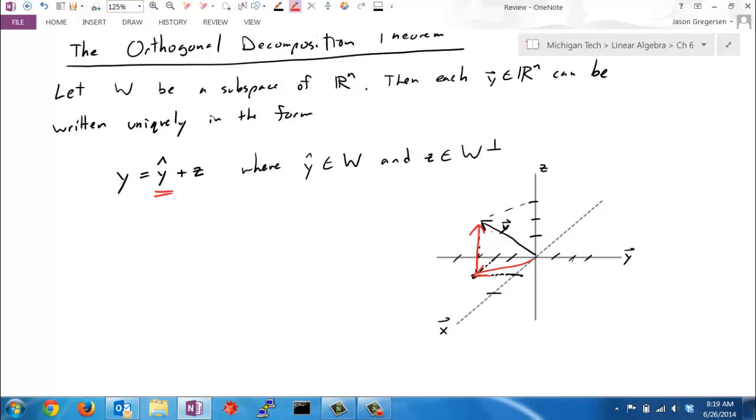It's in the orthogonal complement, so it's perpendicular to all the vectors in that subspace. So what this is really saying is we can break our larger space into that subspace and its orthogonal complement. We can get to any vector by taking something in the subspace and something that's perpendicular to it. And that's a unique representation of this thing.